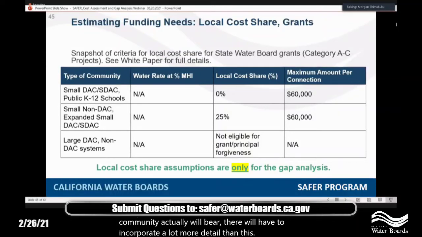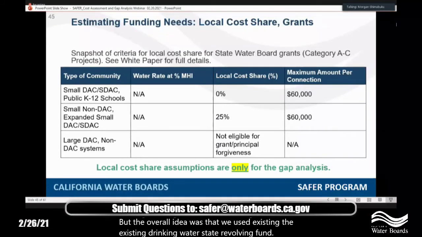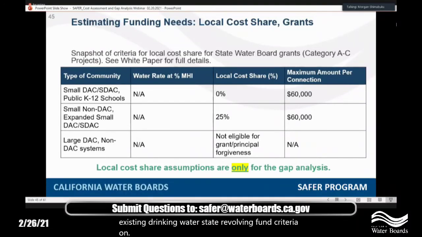But the overall idea was that we used the existing Drinking Water State Revolving Fund criteria on eligibility around grants versus loans to estimate how much different community types would potentially be accountable for.